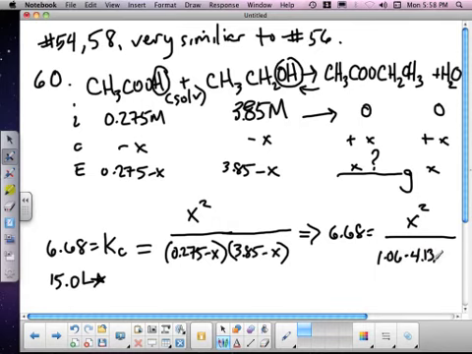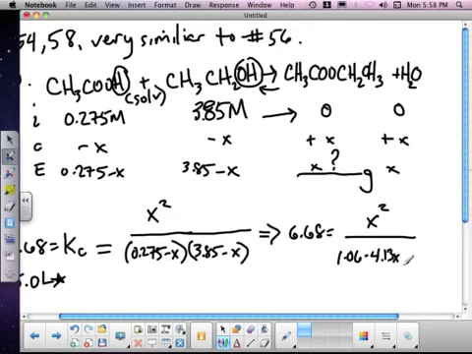Now I'm going to take this whole thing and cross multiply, so I'm going to multiply it times 6.68. When I do that, I get 7.08, so 6.68 times 1.06 is 7.08. Then 6.68 times 4.13 is 27.6X, plus 6.68X squared equals X squared.